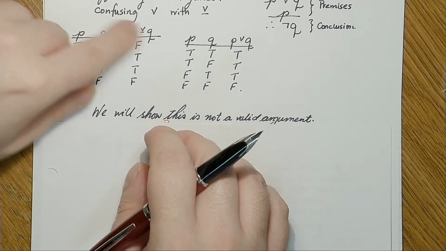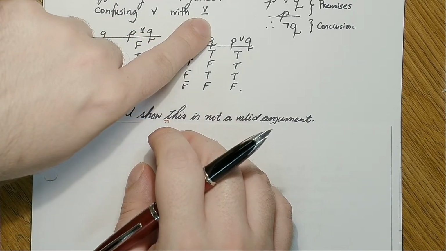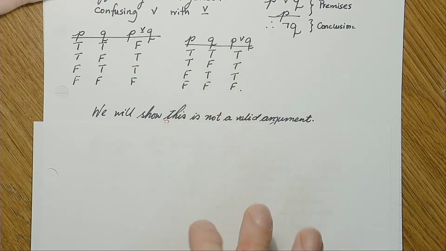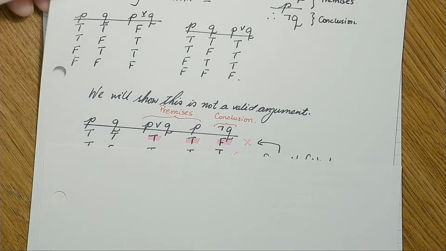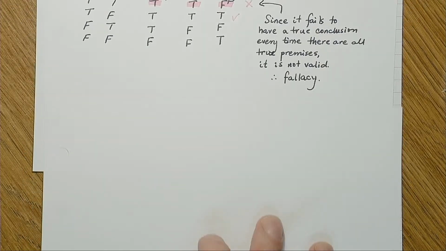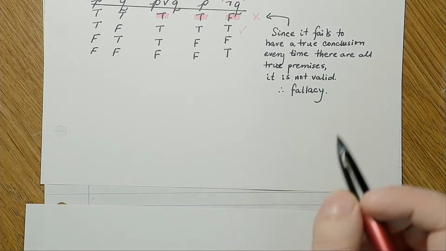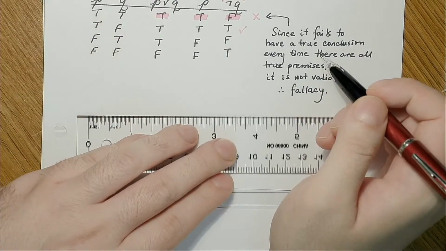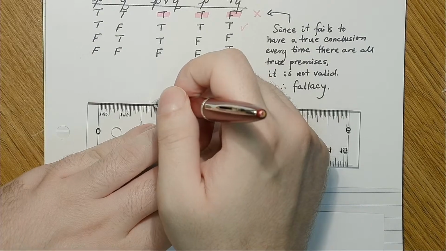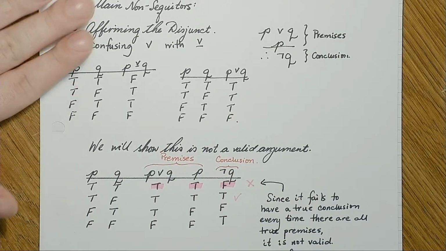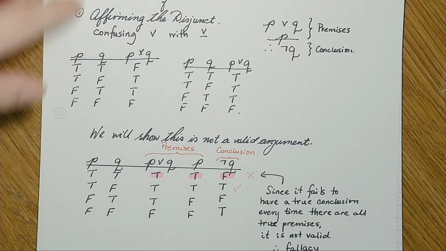So confusing the V with the exclusive disjunct is what was causing this issue. Let's say that's the end of this example of a non sequitur.